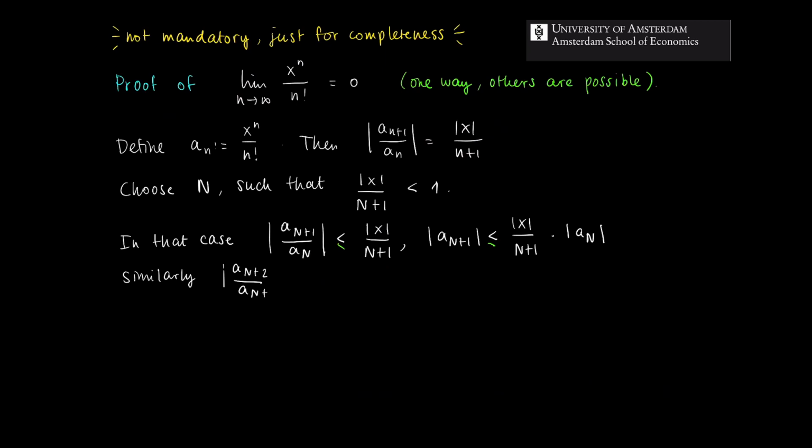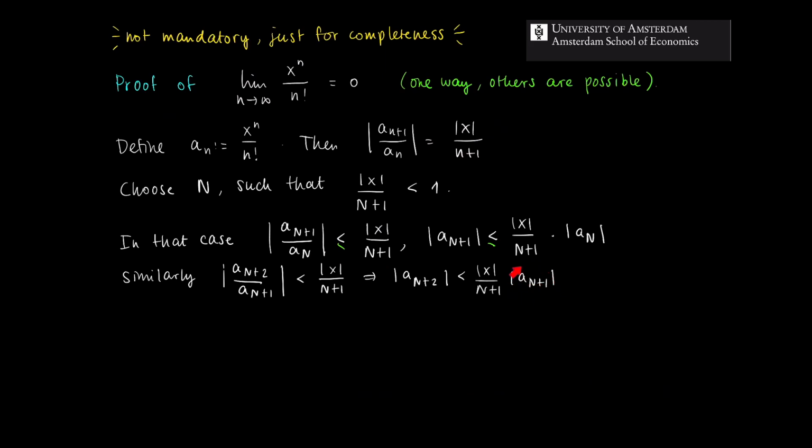So in turn we can say that the absolute value of a_(N+2) is smaller than this fixed factor, x divided by capital N plus 1, times the absolute value of a_(N+1).